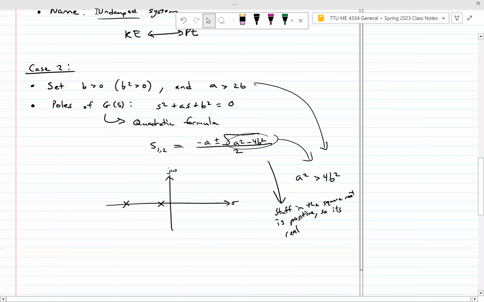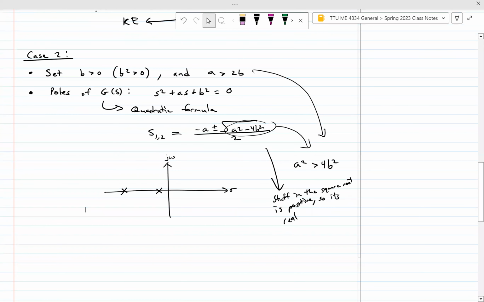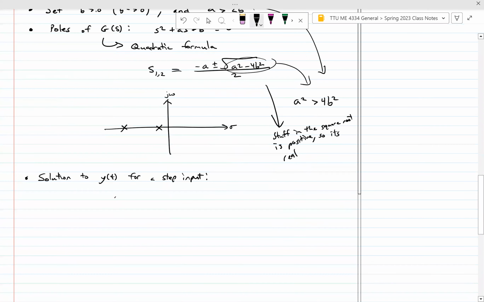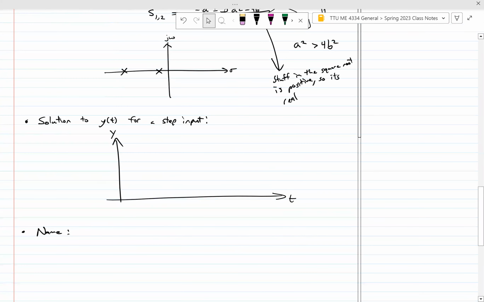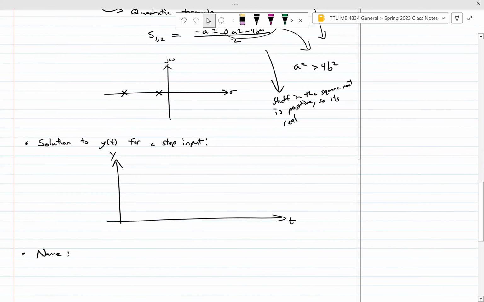All right, so again, let's talk about that solution y(t) for a step. What do you think it's going to look like in this case? Or maybe better, for some of you, you recognize what this case is.